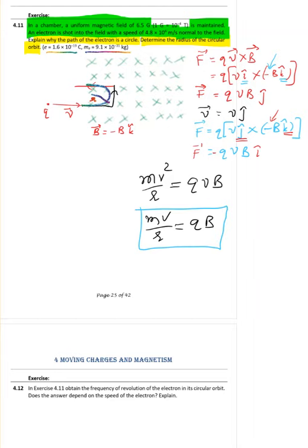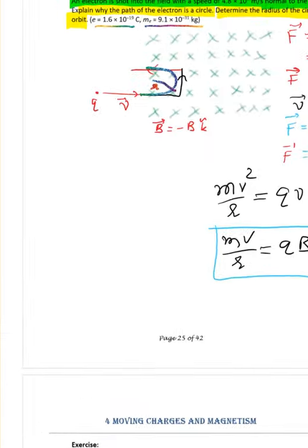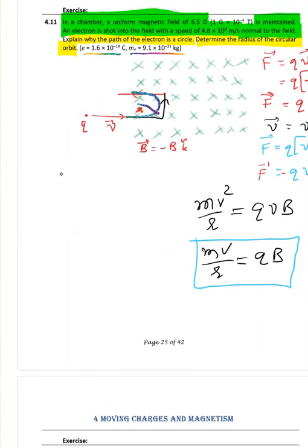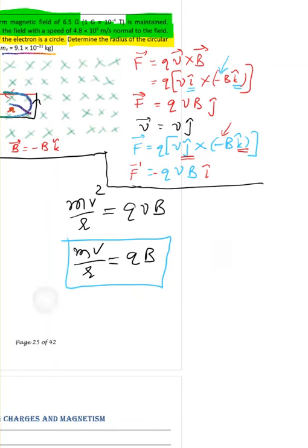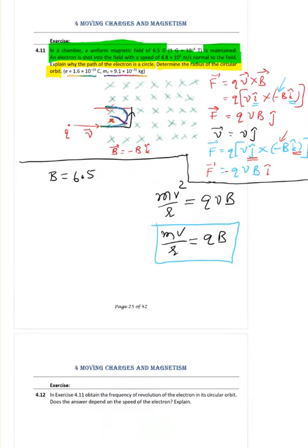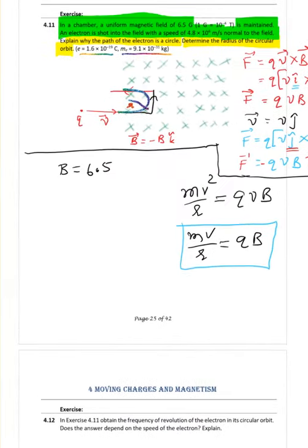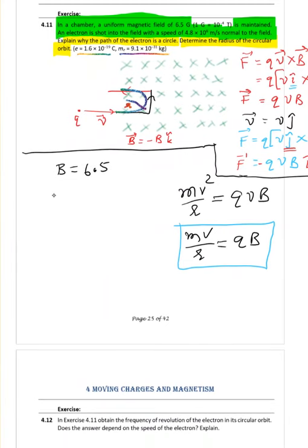Now let us see what data we are given. We are told that the magnetic field intensity B is 6.5 Gauss. Don't forget to convert it into Tesla. 1 Gauss is 10 raised to minus 4 Tesla. So convert it into Tesla before using it. Then we are told that the electron is shot with a speed of 4.8 into 10 raised to 6 meter per second.